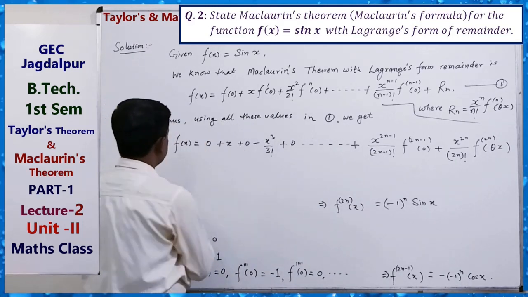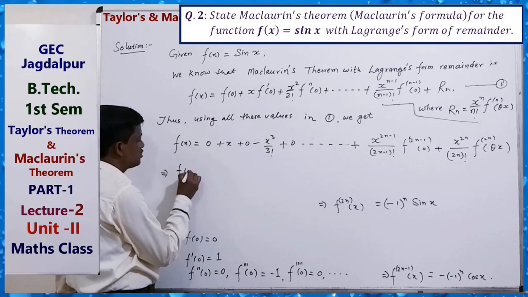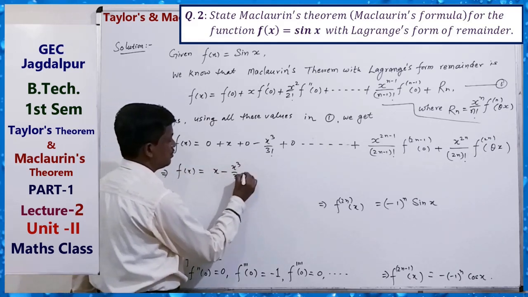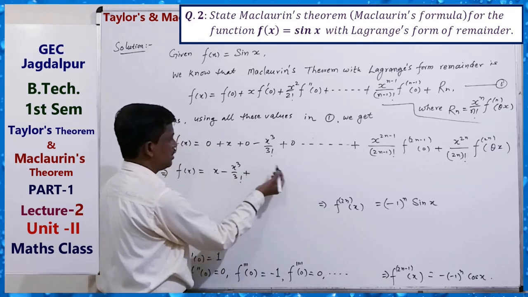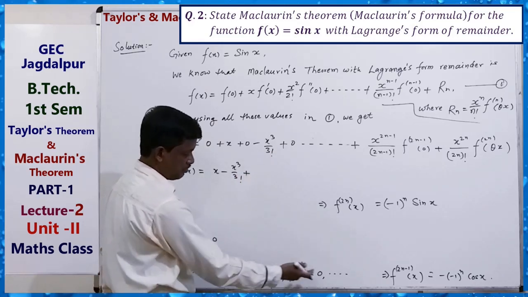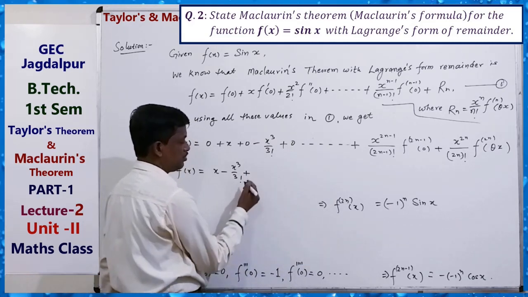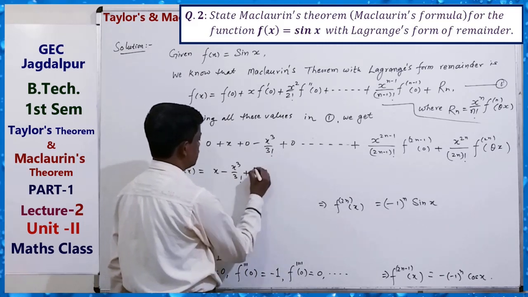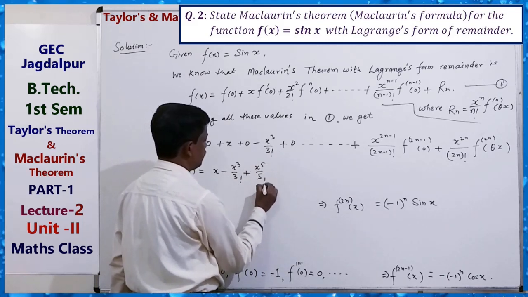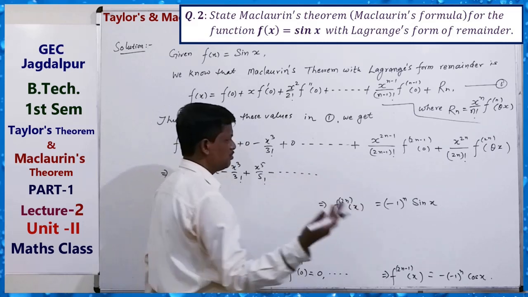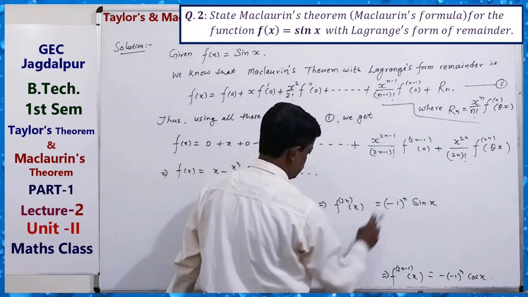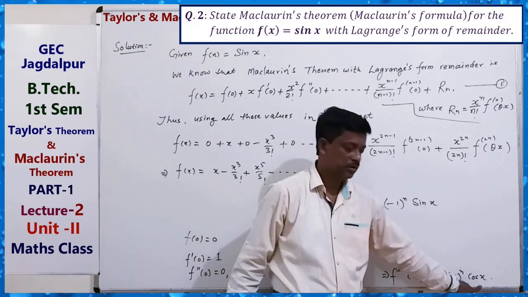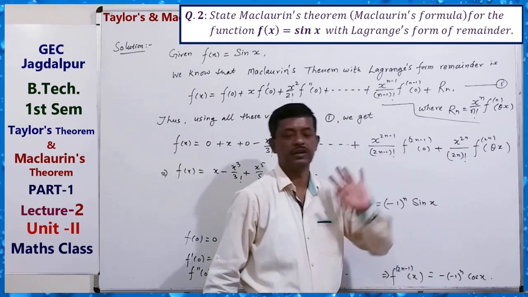So finally, write f x equals x minus x cube by 3 factorial. Similarly, we can get the next term, the fifth term, x to the power 5 by 5 factorial, minus, and so on. Here f 2n minus 1 at 0 is cos 0, which is 1, so we get minus 1 to the power n.